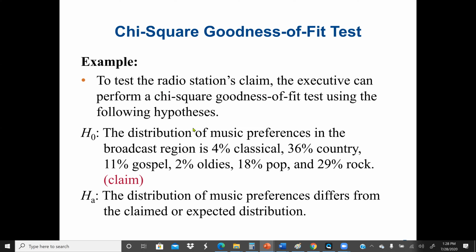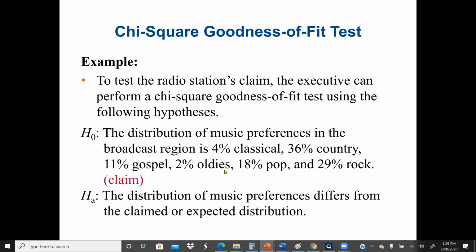The claim was given to us as a multinomial, with more than 2 outcomes. So if I have H0 with 6 outcomes, or 3 or more outcomes, I can use a t-test or z-test.